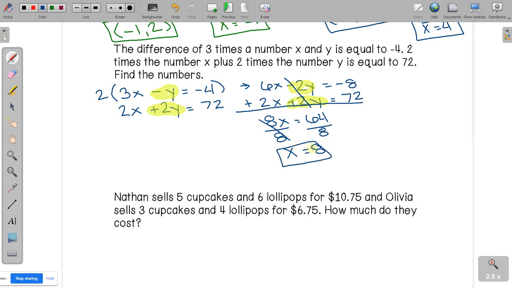Now we need to solve for our y. So if we use the first equation, 3x minus y equals negative 4. So 3 times 8 minus y equals negative 4. 3 times 8 is 24. We're going to subtract 24 from both sides.